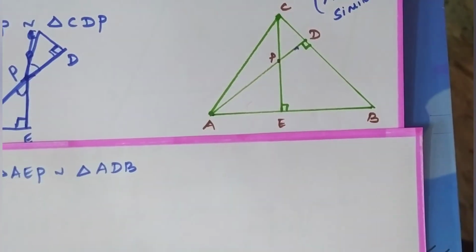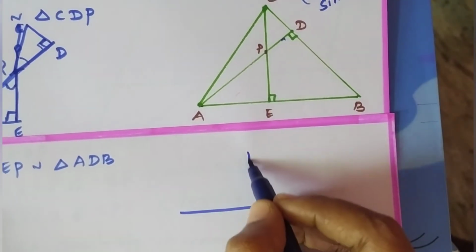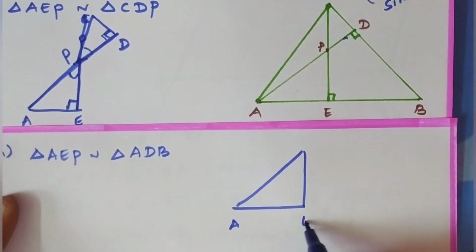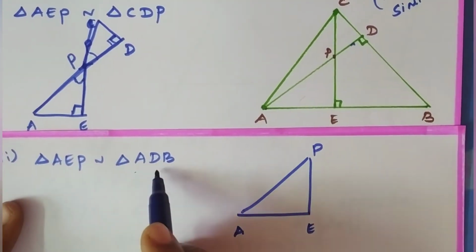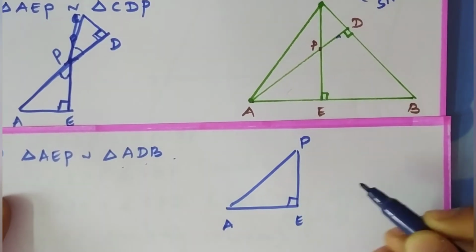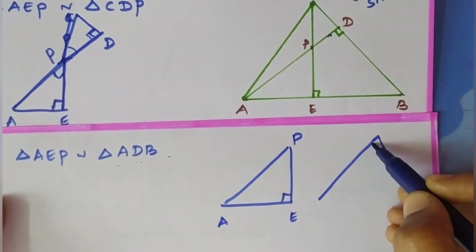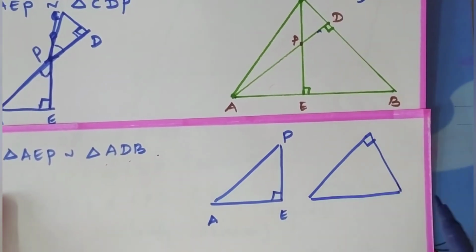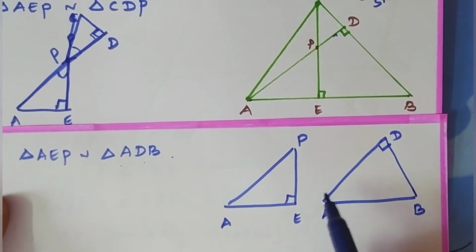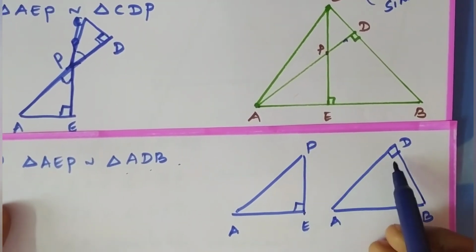Okay. What angle? AEP, ADB. These two angles are 90 degrees.